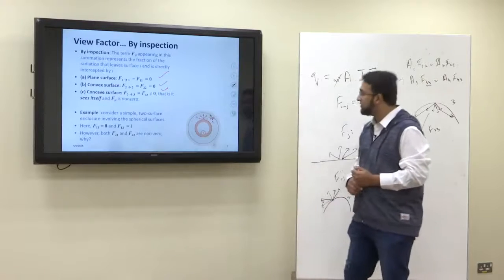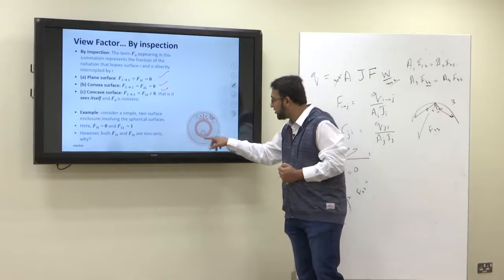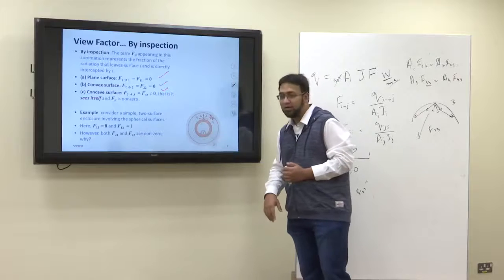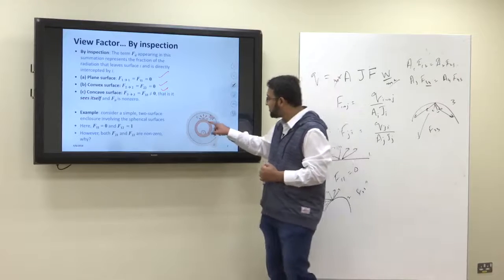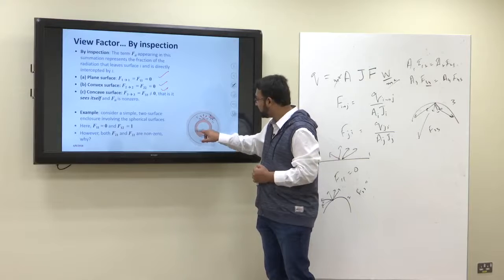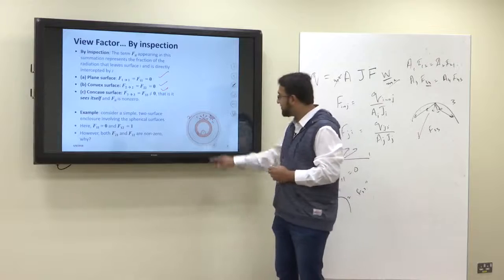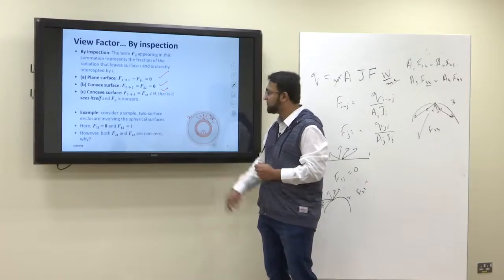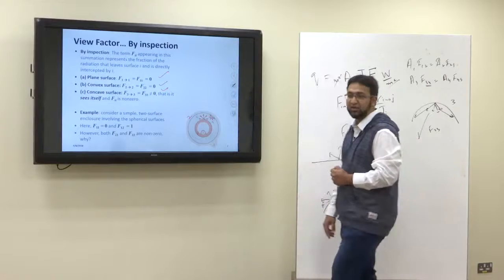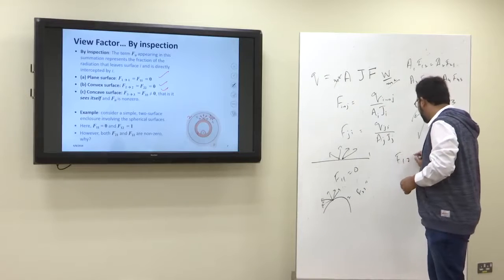Now, suppose you have this thing. I have one ball, and inside this ball I have another ball. The radiation emitted by surface 1, let's say this is my surface 1 and this is my surface 2, which reaches surface 2. The view factor F12 will actually be 1.